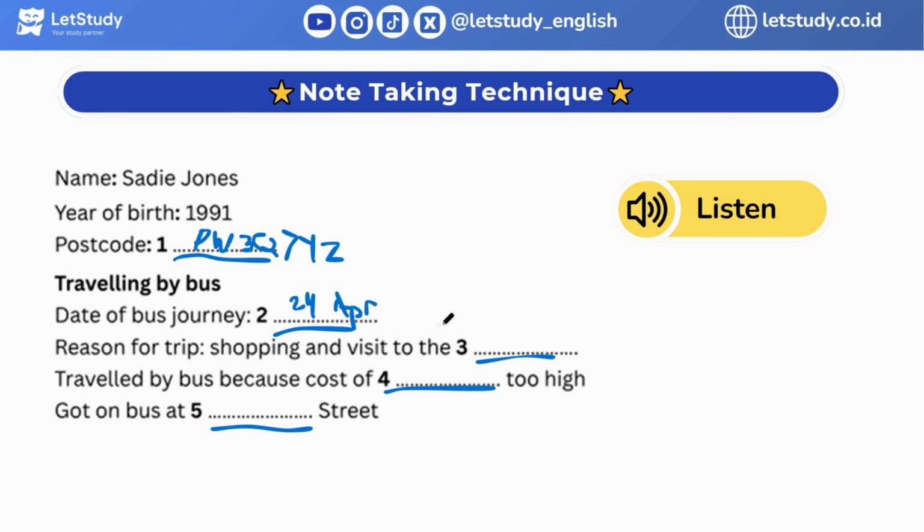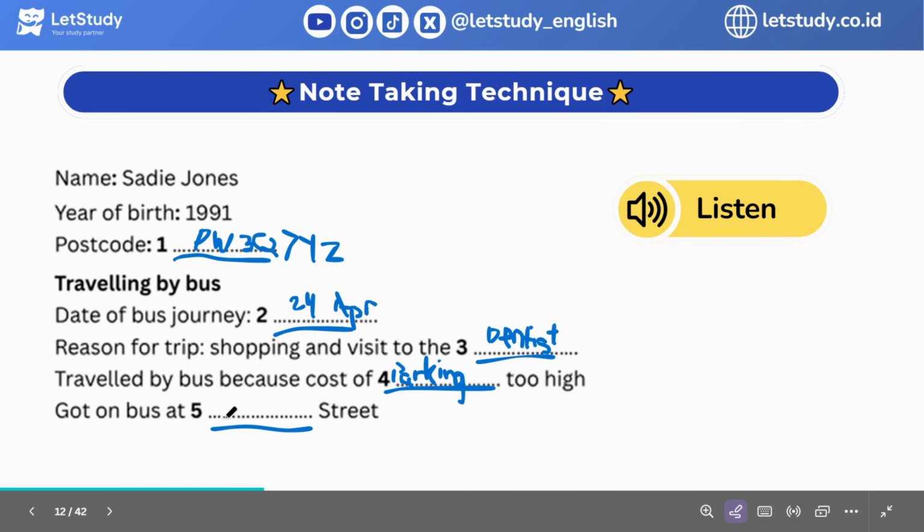And the reason for the trip is to visit the dentist. And the female travelled by bus because the cost of parking is too high. Parking. And she got on the bus on Claxby Street.